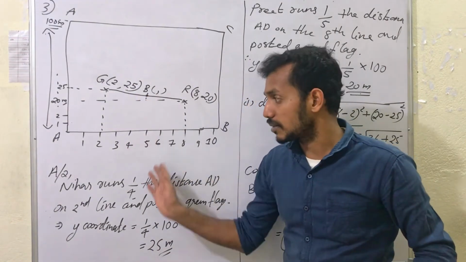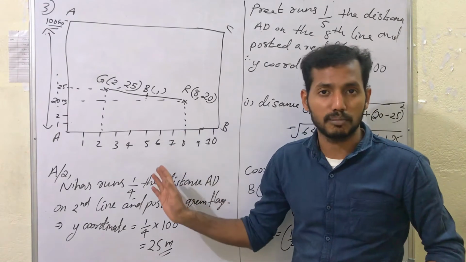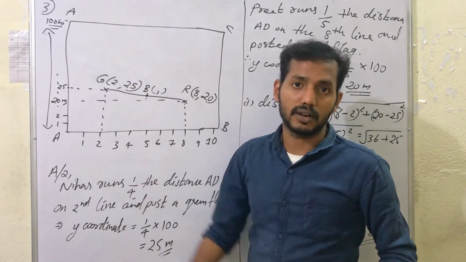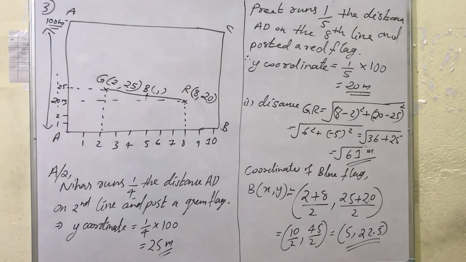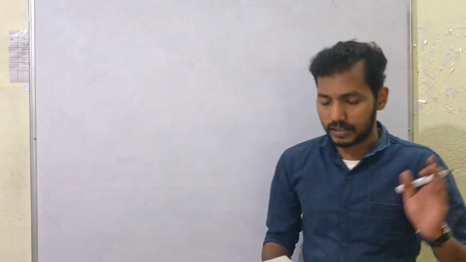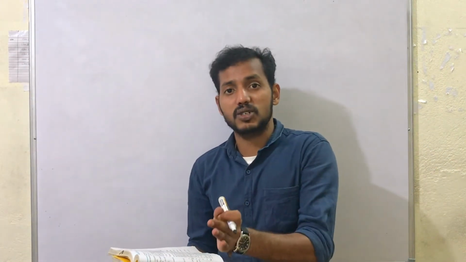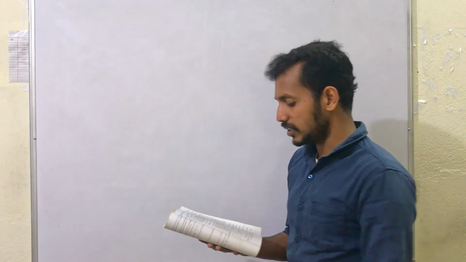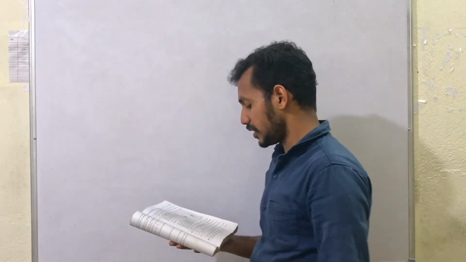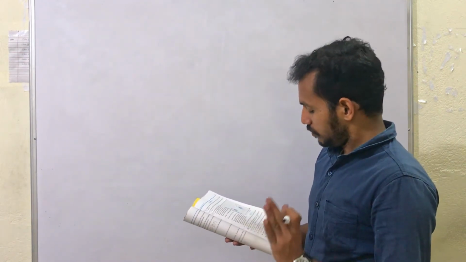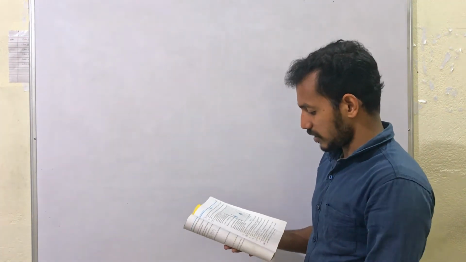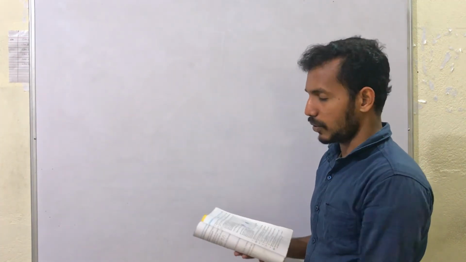These types of questions are very important for your board examinations. Next question, to find the ratio from the coordinates. Find the ratio in which the line joining 2 points is divided by another point.